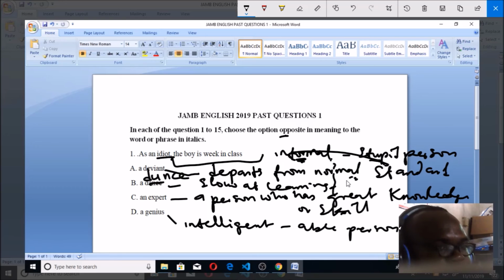So what is their opposite? A genius is somebody that is very able. So it's not stupid, it's able. Whereas an expert could be likened to a professional. But somebody that is able and intelligent could be the opposite of somebody that is stupid or informal. So I think the correct answer should be D, genius.